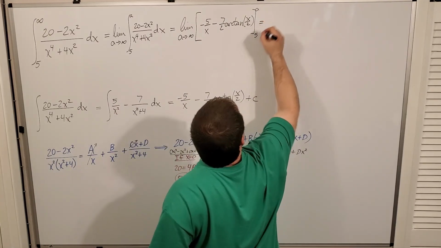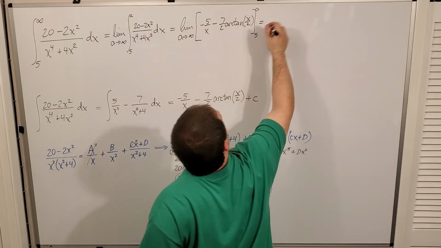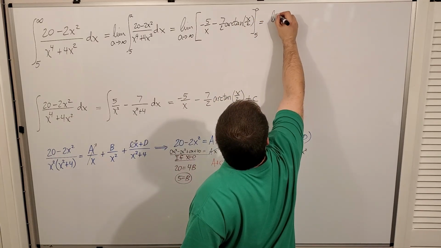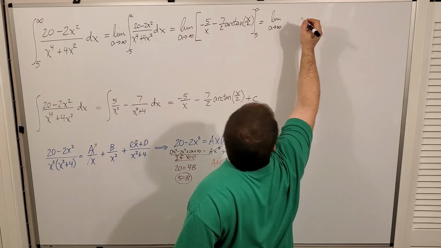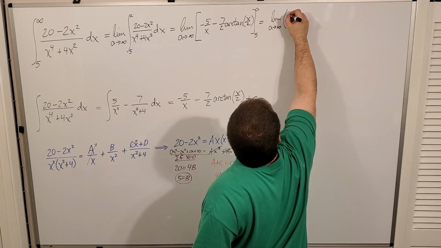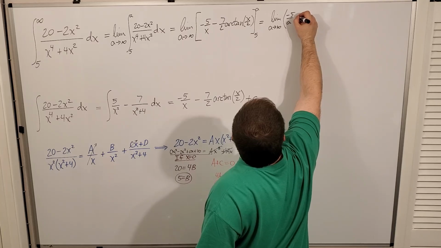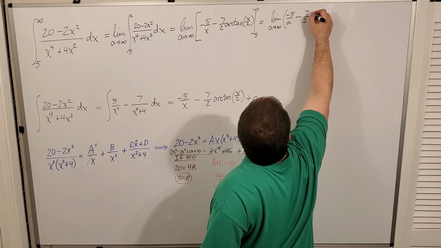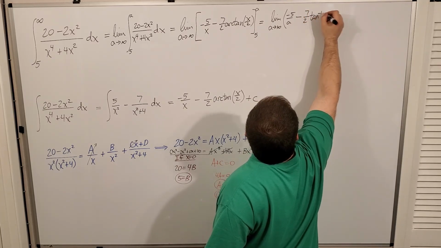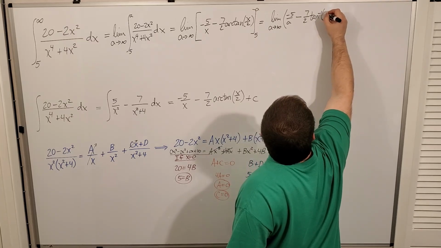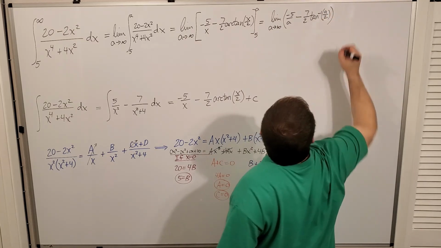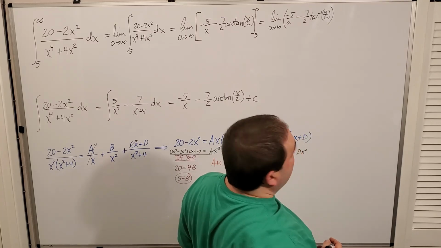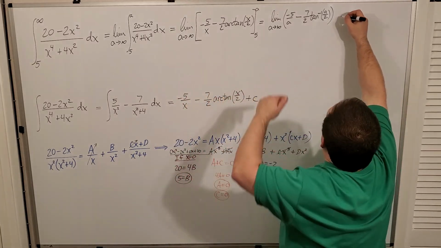So let's list all these things out. If I plug in a, I've got the limit as a goes to infinity of -5 over a minus 7 over 2. I'm going to use inverse tangent, same thing, I'm just saving space, a over 2. So I've got to be able to do that limit minus.